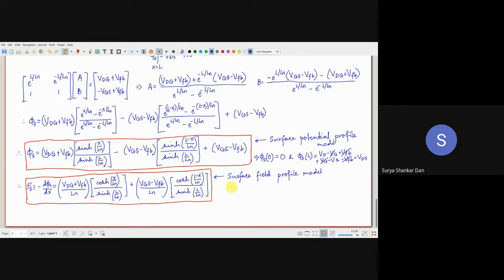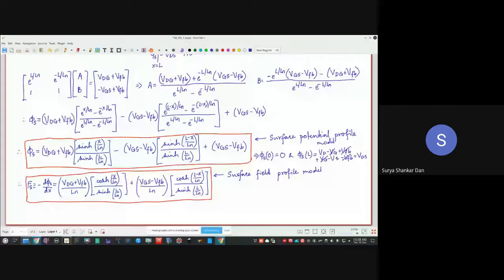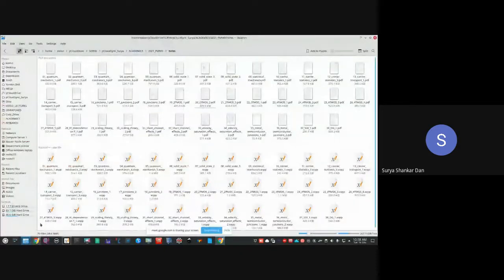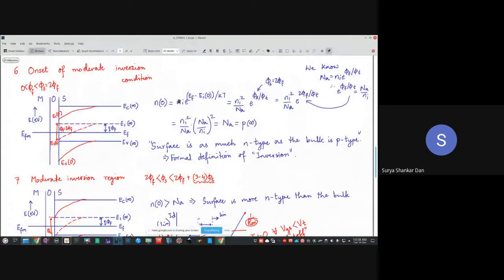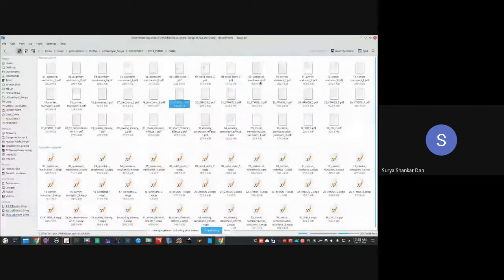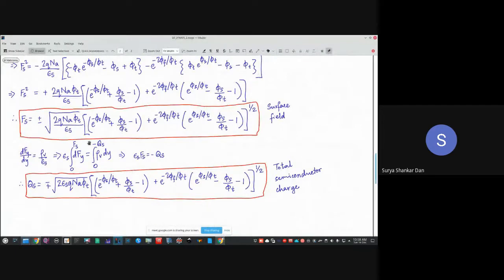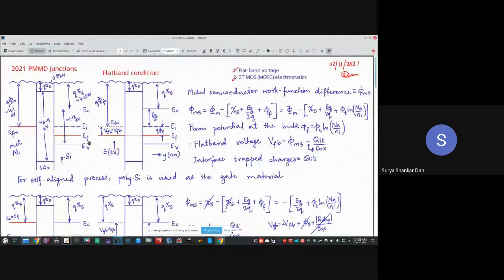Now if we go back to our original approach, let me stop presenting here and present the entire screen. Notice how we started with the electrostatics.